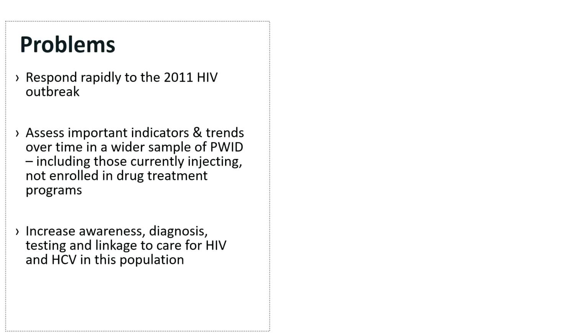The most urgent one was to respond to an evolving HIV outbreak. And the others were, how can we assess these indicators over time? How can we collect these indicators from a wider sample of people who inject drugs, including those currently injecting and not linked to drug treatment programs, and also how we can increase awareness, diagnosis, and linkage to care.